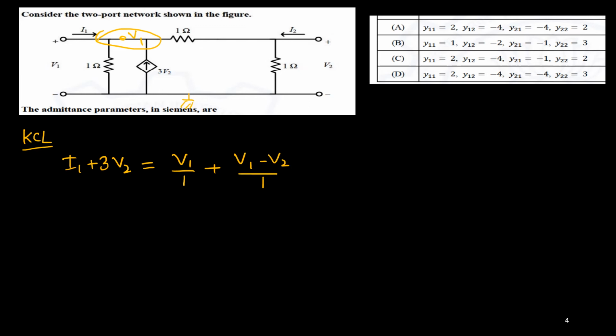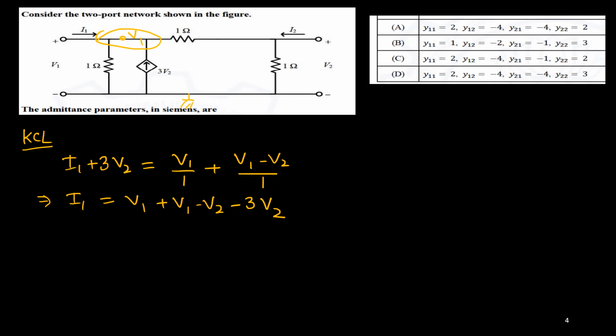If you simplify it, what will you get? I1 equals V1, then V1 minus V2, plus V1 minus V2, and the 3V2 goes to the right side, becoming minus 3V2.